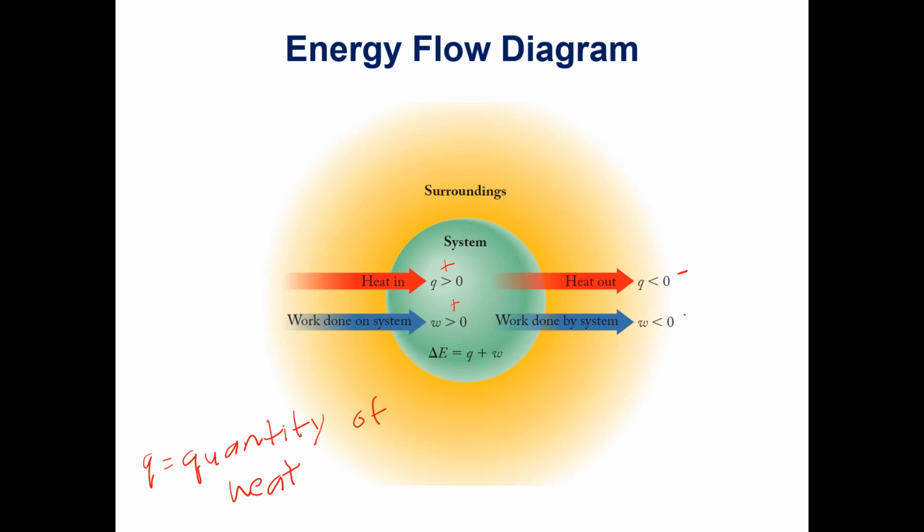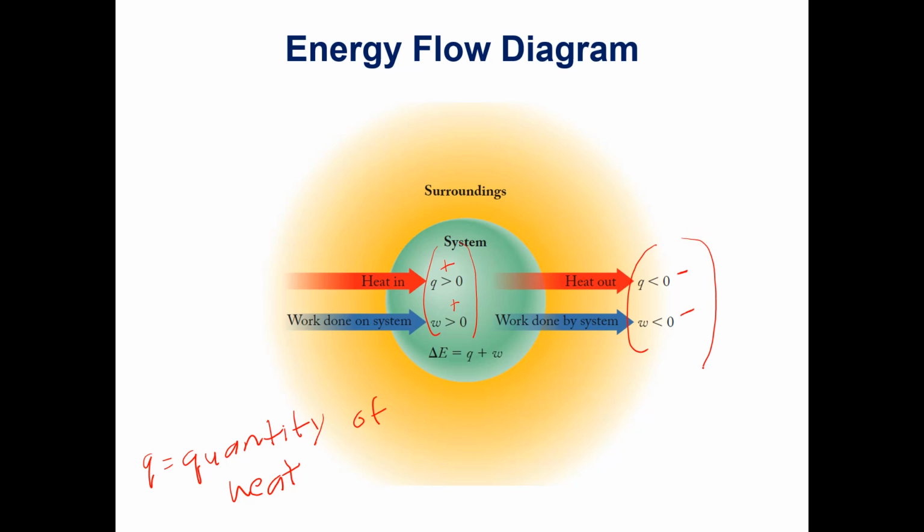When work is done by the system, that's negative. So if we're doing something to the system or putting something into the system, that's overall positive. If something is being released from the system or the system is doing something, that's considered negative.